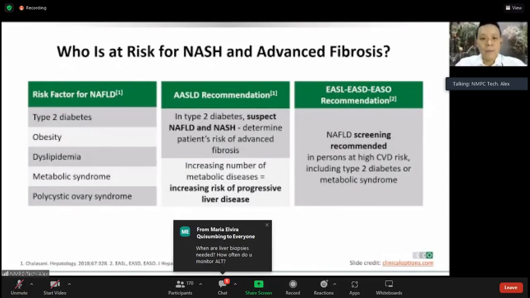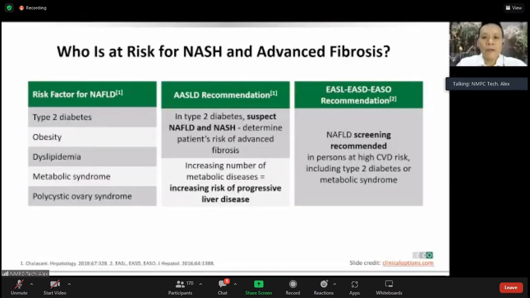Okay, now this is just a slide to show you that most of the guidelines really are congruent in terms of advising us who are the patients who are more likely to progress, more likely to have advanced fibrosis. And both the American guidelines and EASL guidelines will tell you that the greater number of metabolic problems that the patient has, the greater the risk of progressive liver disease.